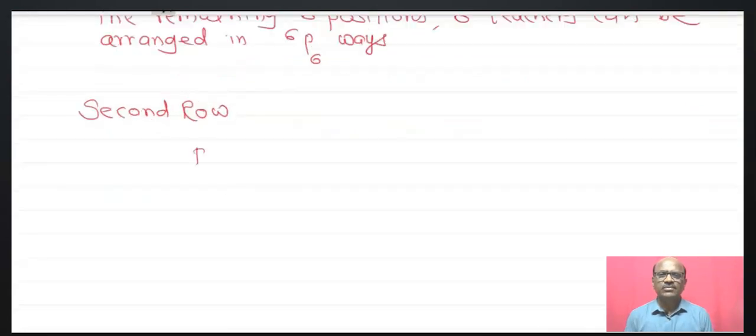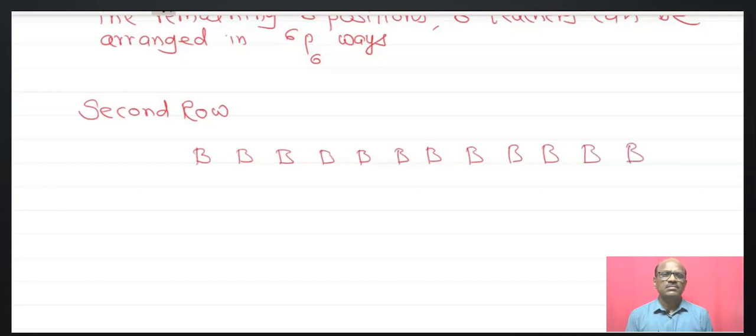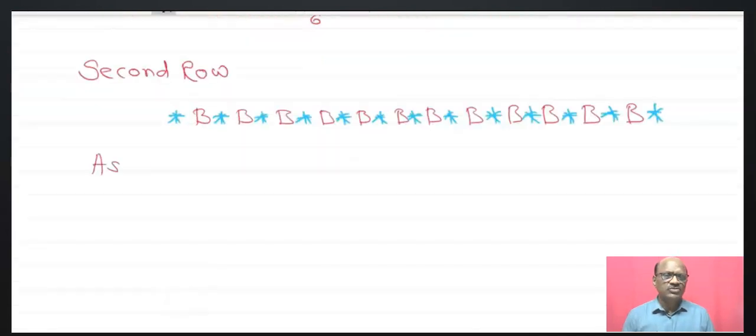In second row, that is a total 18 students, 12 boys and 6 girls. Now we have the positions in blue mark, there are the girls.